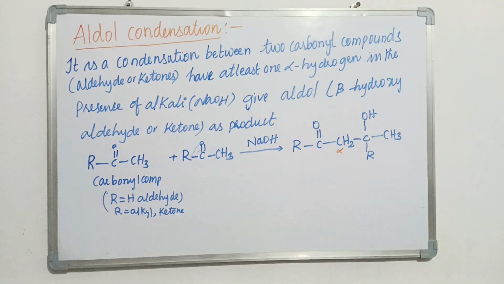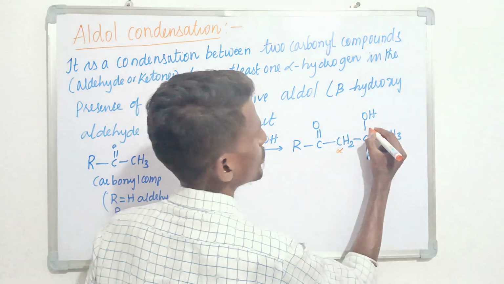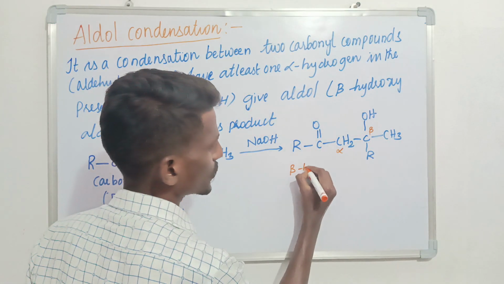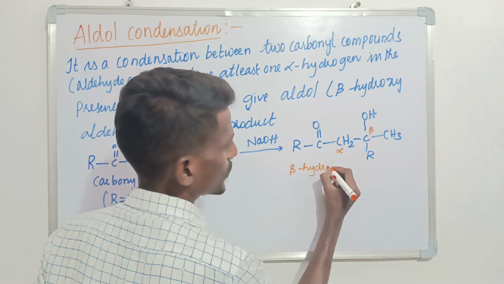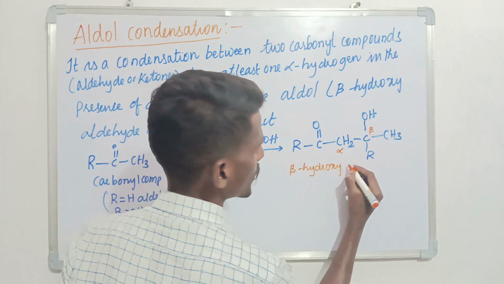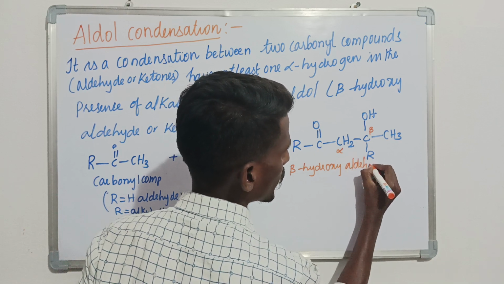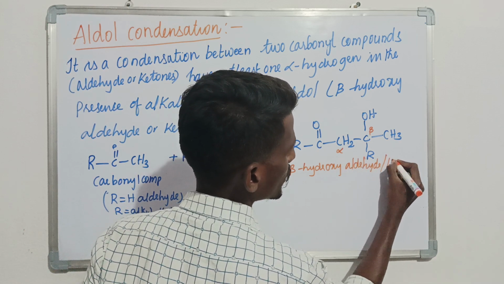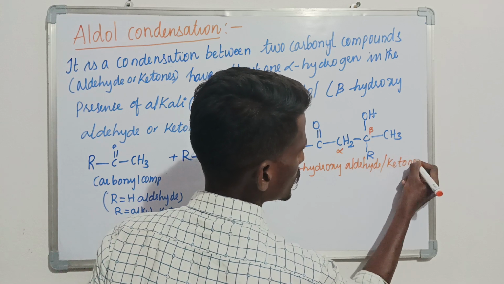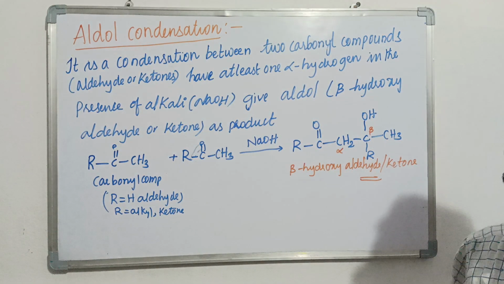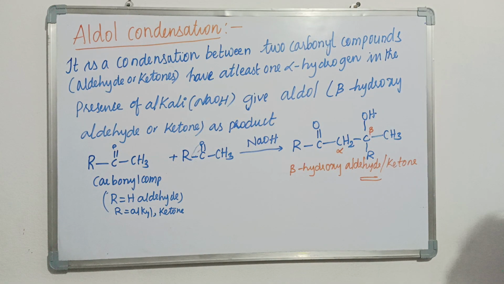This is an alpha carbon atom, and this is the beta carbon atom. So this is the beta hydroxy aldehyde or ketone. This is the product. So this is the reaction involved in the Aldol condensation.